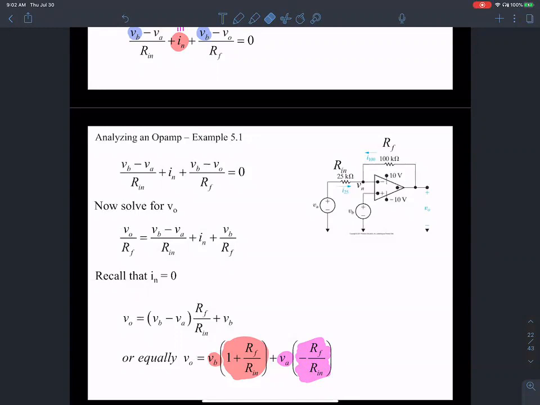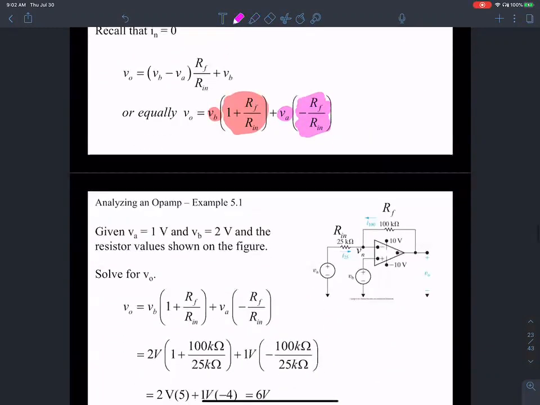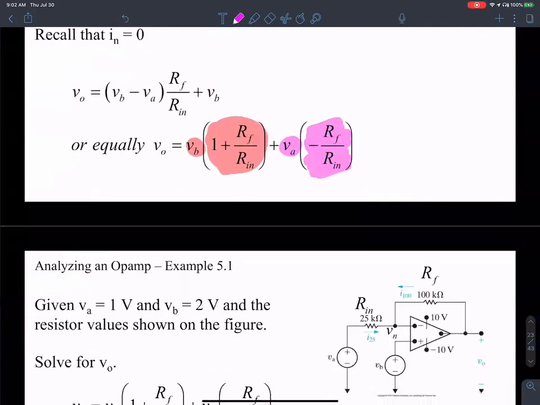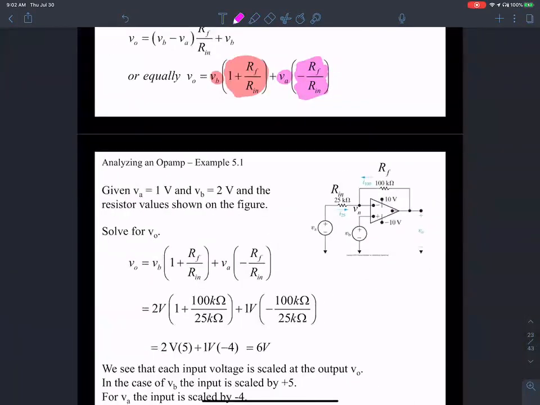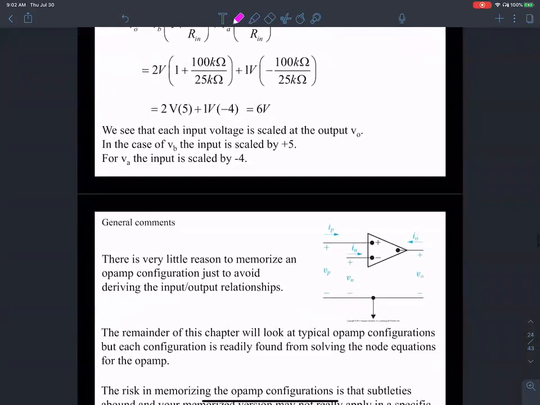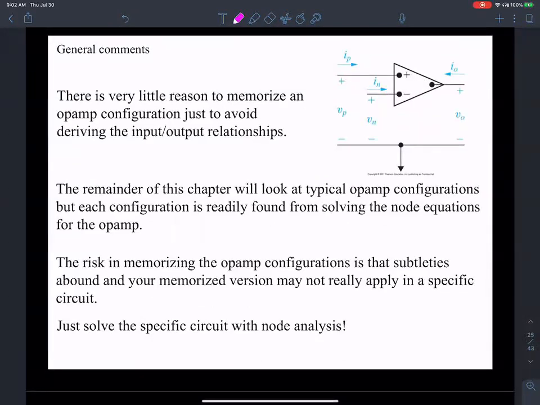Yes. Okay, so the general procedure for solving any op-amp, once you have that algebraic or analytical expression, you should be able to plug the numbers in here and then see the final result. The general procedure that we have been following is very similar in all the circuits. There's very little reason to memorize any configuration. We don't have to memorize anything.